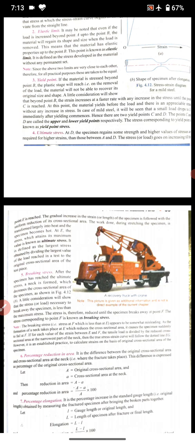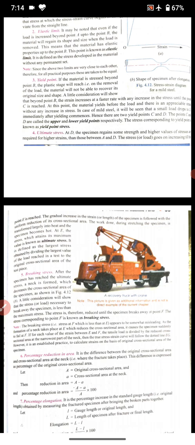If for each value of strain between E and F, the tensile load is divided by the reduced cross-section area at the narrowest part of the neck. Actually, you are dividing the load by the original area at the beginning of the specimen. But as necking forms, the cross section area is reduced, no?